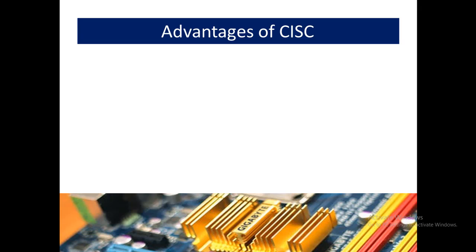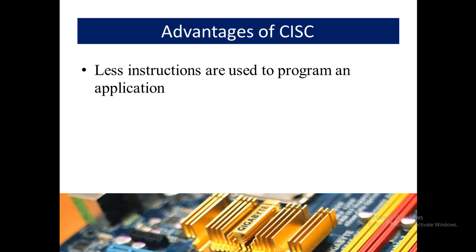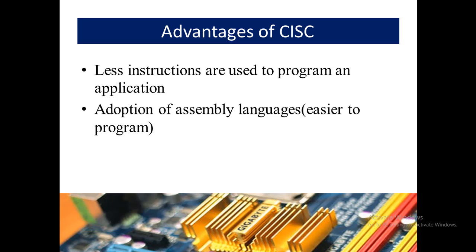So what are the main advantages of using CISC architecture? Number one, fewer instructions are used to program an application, just because these instructions are very powerful and very versatile. The next advantage of CISC is the adoption of assembly language.